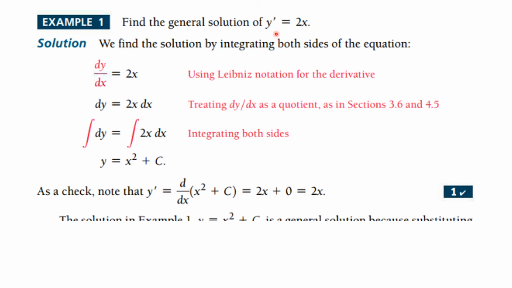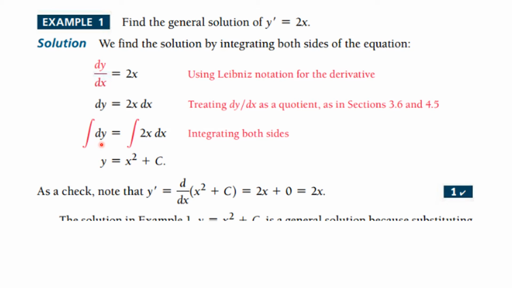So we want to find the general solution of y prime is equal to 2x. So we have dy/dx is equal to 2x. Writing in this form is useful because then you can think about multiplying both sides by dx. Then you're going to have dy is equal to 2x dx. This is a dummy variable, so we can integrate both sides.